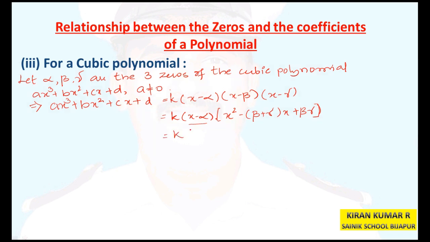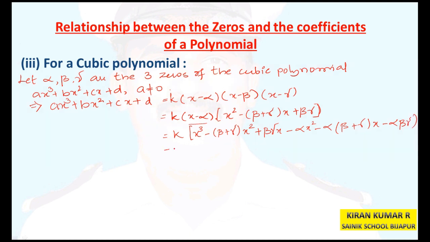So I'll get k times x cube minus beta plus gamma x square plus beta gamma x minus alpha x square minus alpha times beta plus gamma into x minus alpha beta gamma.